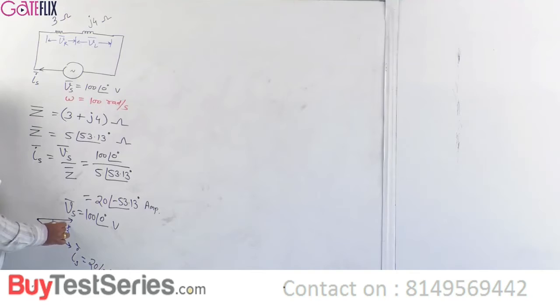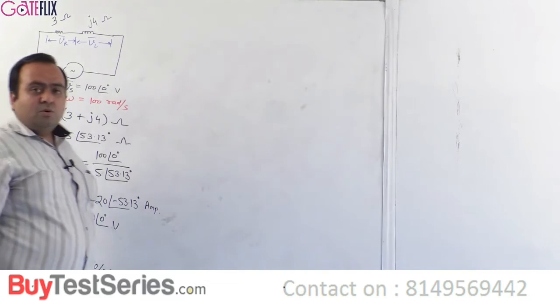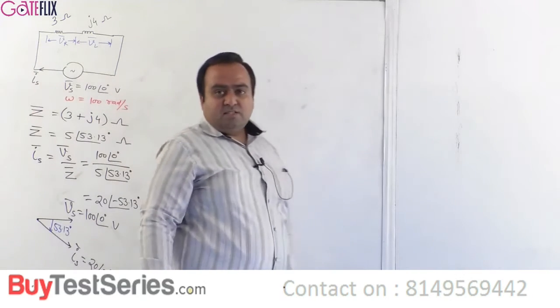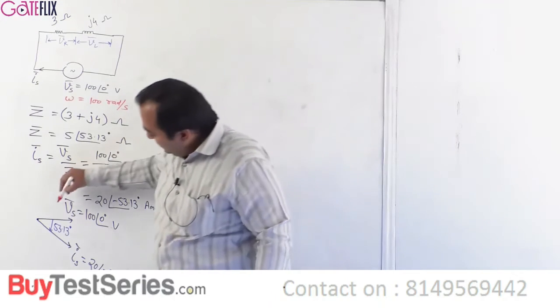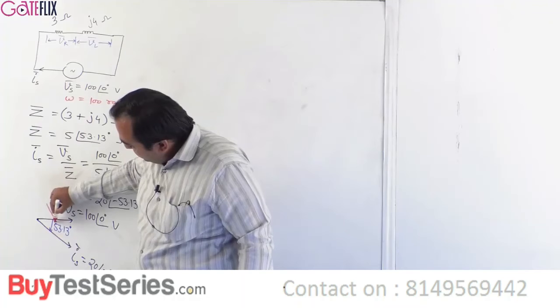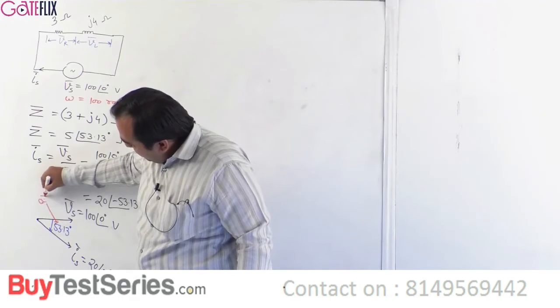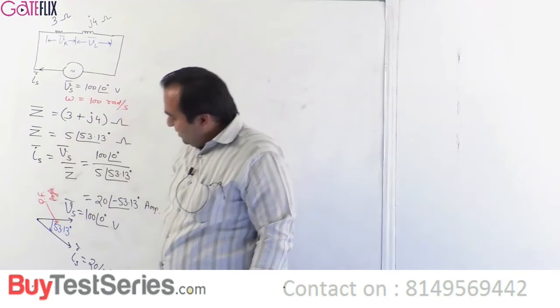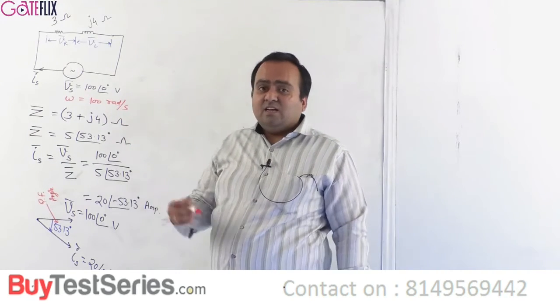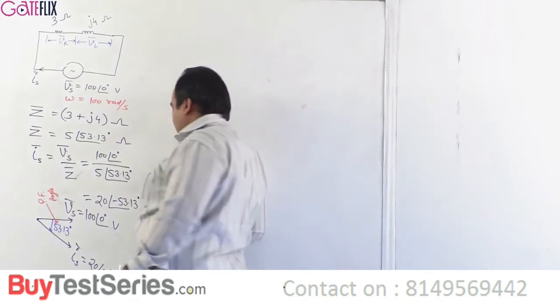So 53.13 is the magnitude of this angle, and since the current is lagging the voltage, we take this as a minus sign. So generally we call this the power factor angle, and cosine of this angle is what you call the power factor.